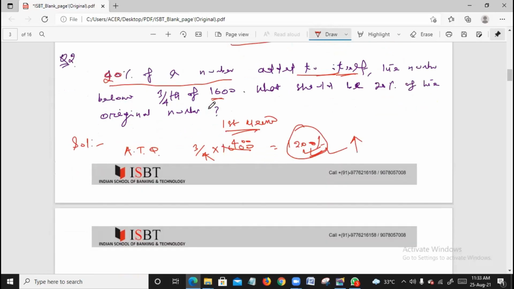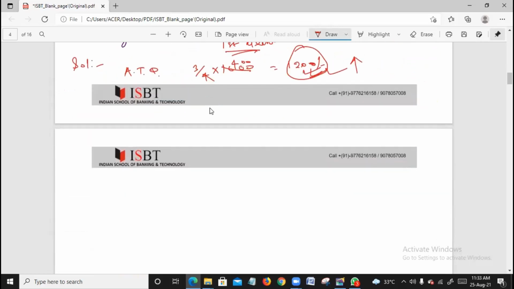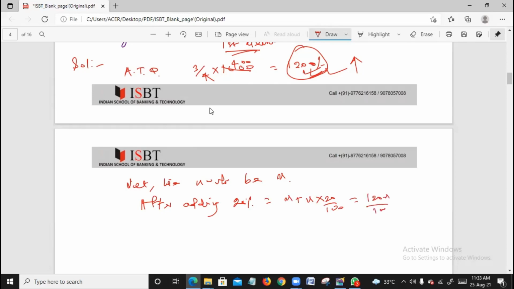Okay. So suppose the number is x. After adding 20%, the number becomes x plus 20% of x. That means 120x by 100. Do you understand? Let the number be x.